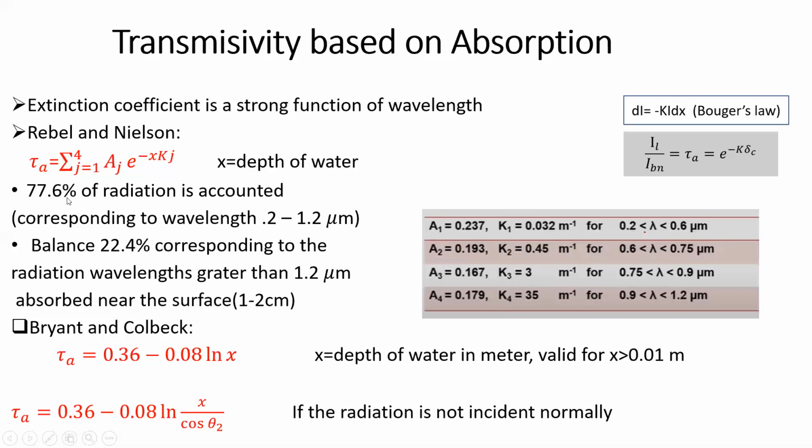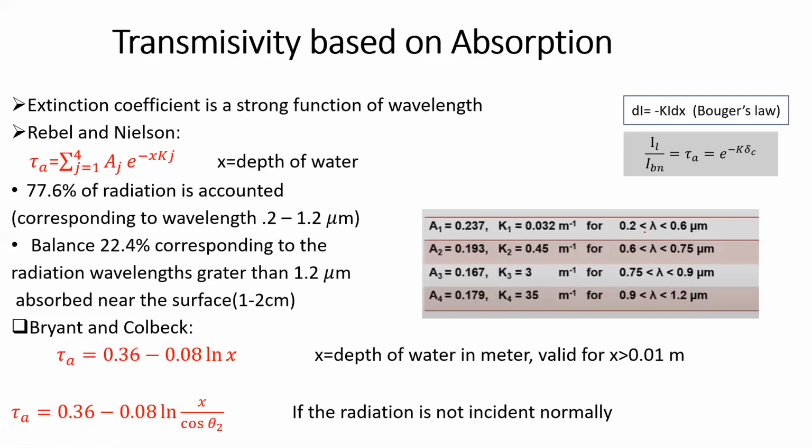The most absorbing wavelength is... 77.6% of radiation corresponds to the wavelength 0.2 to 1.2 micrometer. The balance 22.4%, corresponding to radiation at wavelengths greater than 1.2 micrometer, is absorbed near the surface, within 1 to 2 centimeters. So 22.4% corresponds to radiation greater than 1.2 micrometer.